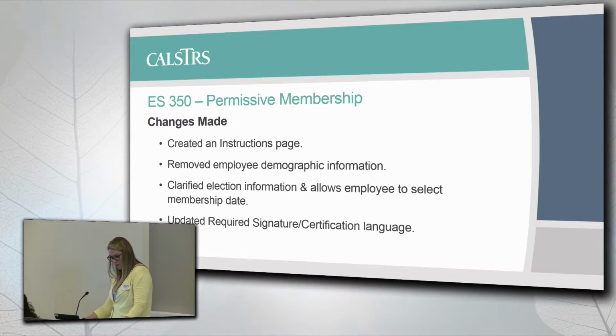The biggest piece is that we clarified the election information and allow the employee to select their membership date. We added a little note at the bottom, which I'll talk about on the next slide, that helps explain the membership date versus employment date. And we updated the required signature and certification language at the bottom for the employers.